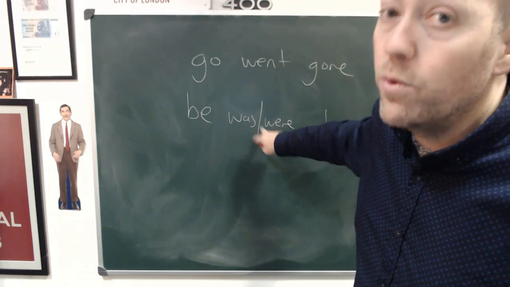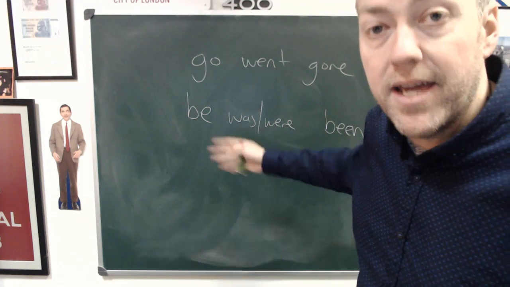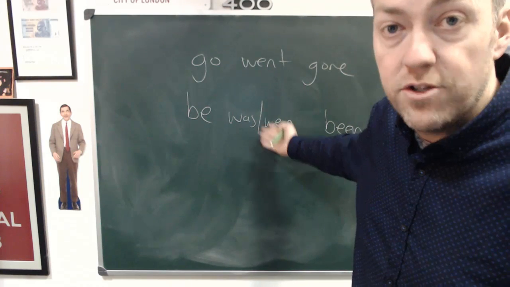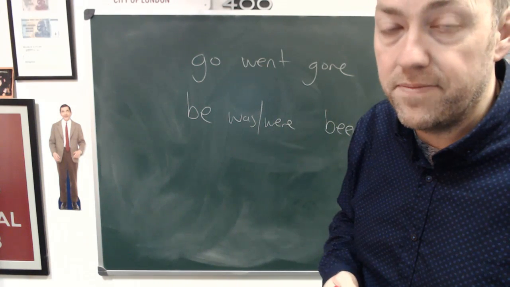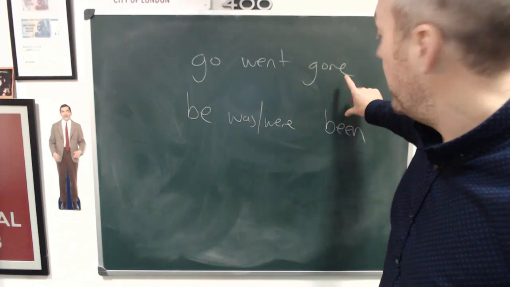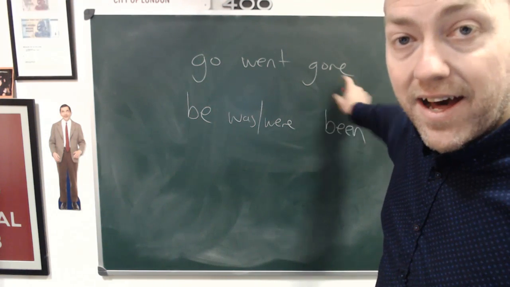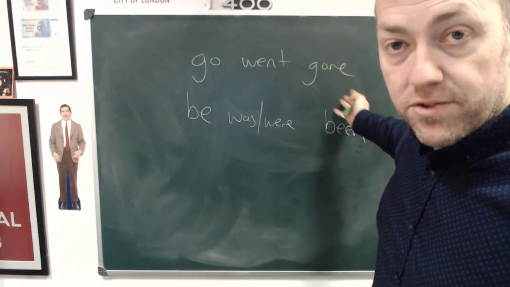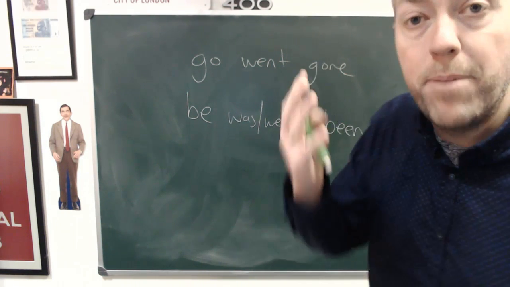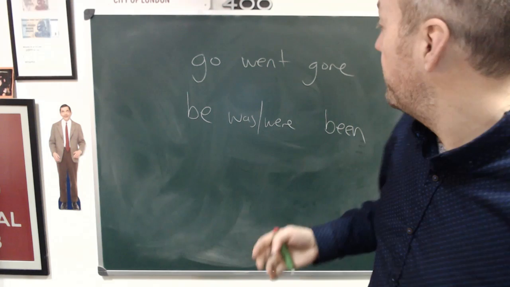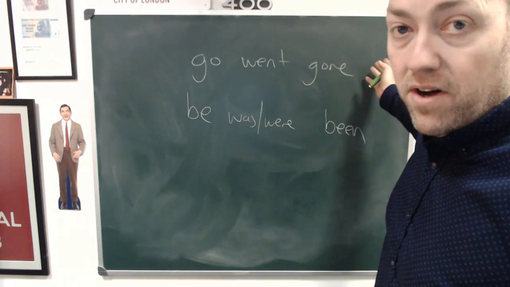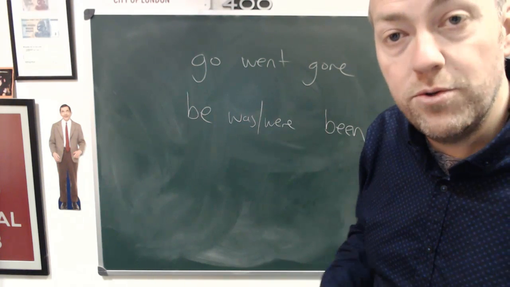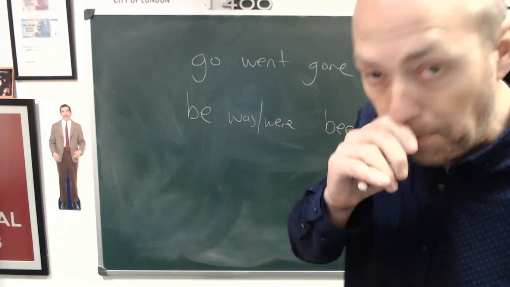We would also use this to make the past continuous, because we need to use to be to make the past continuous. Okay? Now, these forms here, they are the participles. So we use those to make the perfect tenses. So, for example, I have gone, she has been, and we also use them to make the passive.